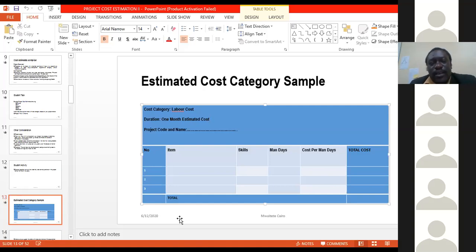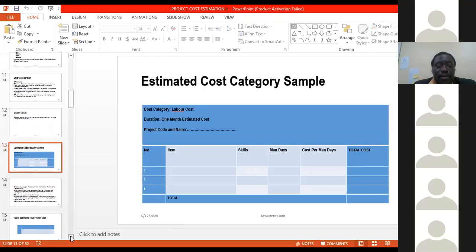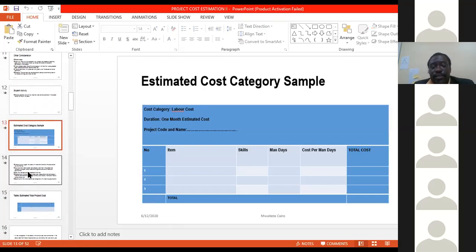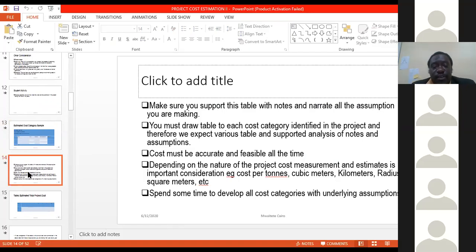This is what we require to be included in the project plan documents. So when you are preparing your project plan documents, you need to explain all those tables so that it is meaningful to show how you have derived your cost. So make sure you support this table with notes and narrate all the assumptions you are making.